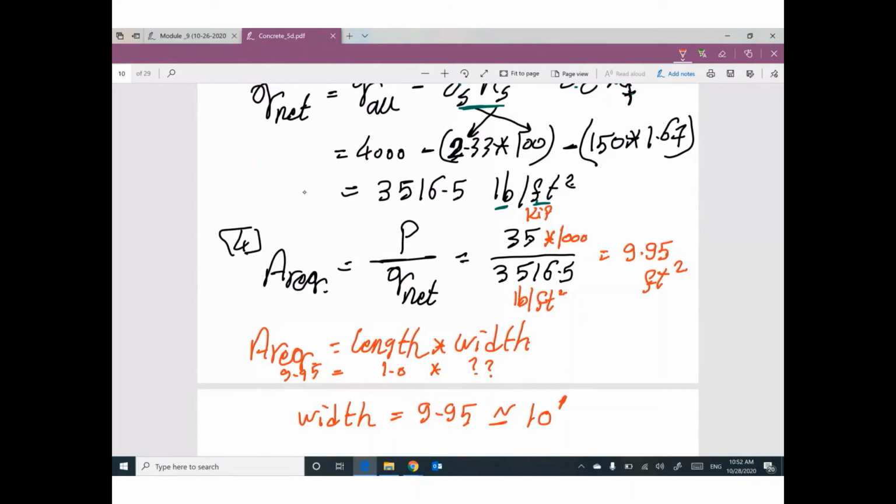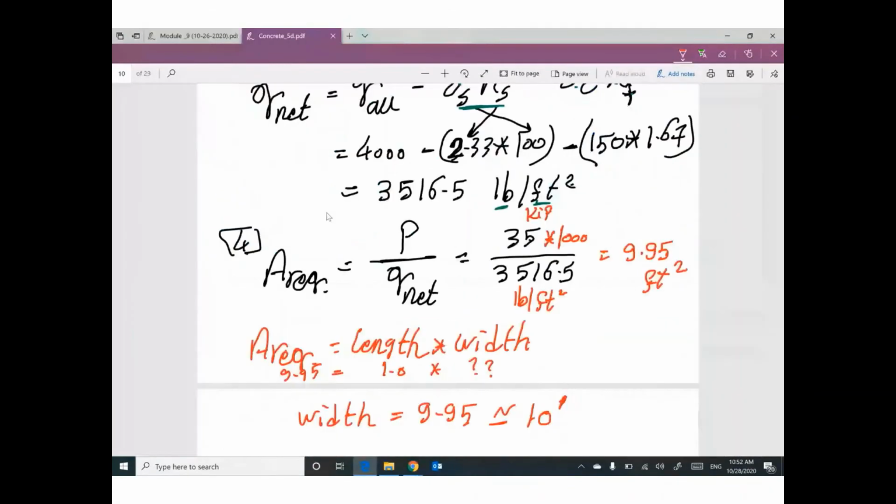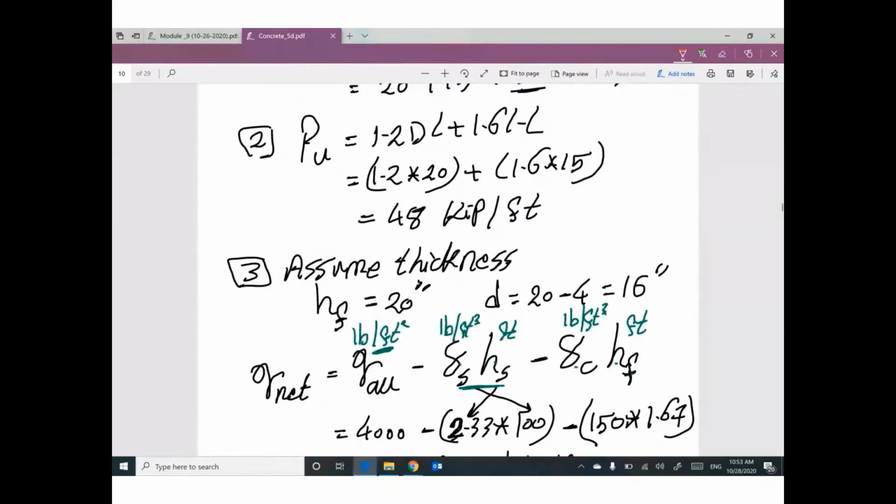So the width of this footing will be 10 feet, and this footing will extend as the wall extends. Any questions so far? Looks good. Okay, I am done with area required, and I assumed the thickness to be able to calculate Q net.